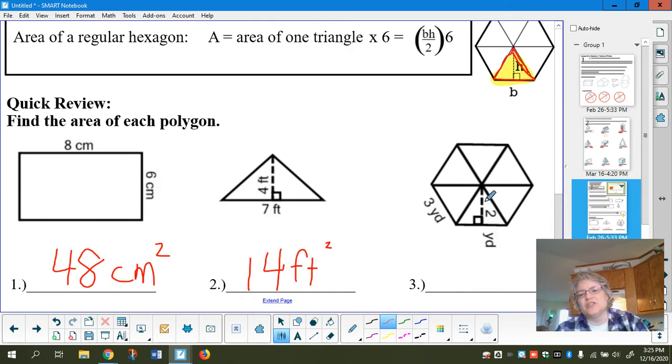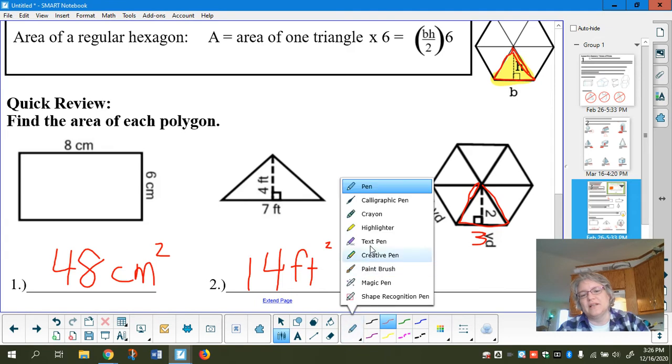Now we have the hexagon-shaped one. So I'm going to start by finding the area of this triangle, and I just realized that the example I made up was a really good example up here. Because if this is 2 yards in height and this is 3 yards in base, because this is a regular hexagon, so all the bases are the same, then I would find the area of this triangle by doing 3 times 2 divided by 2, and 3 times 2 is 6, and 6 divided by 2 is 3.